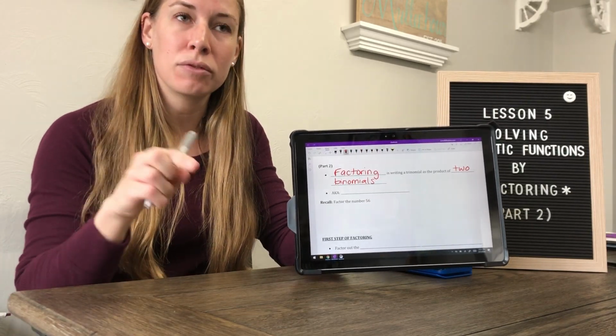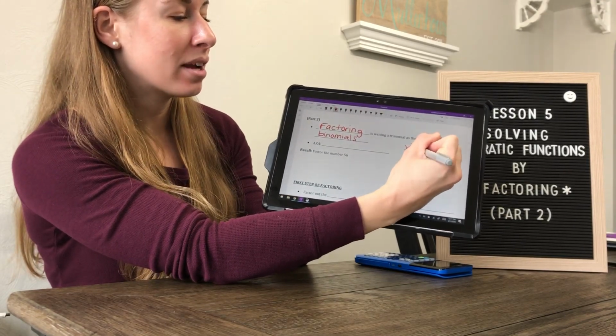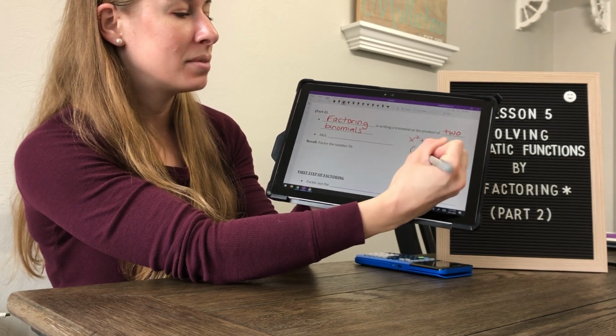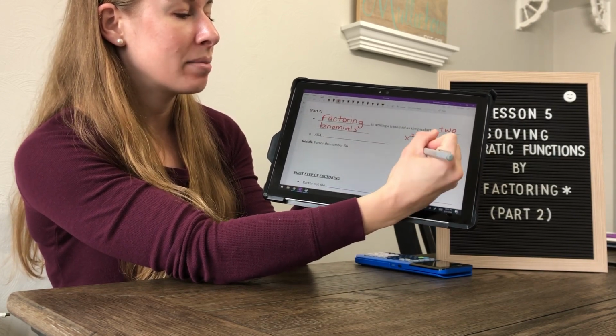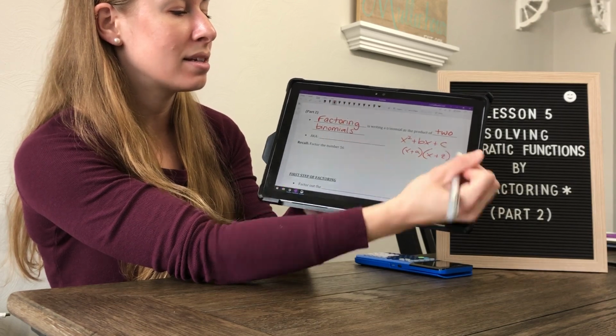So the product of 2 binomials, basically what we're doing is we're trying to get some x squared plus bx plus c to look like this, with maybe an x plus a and x plus z, something like that.